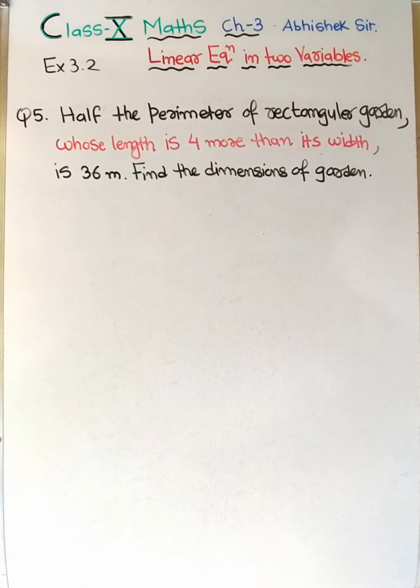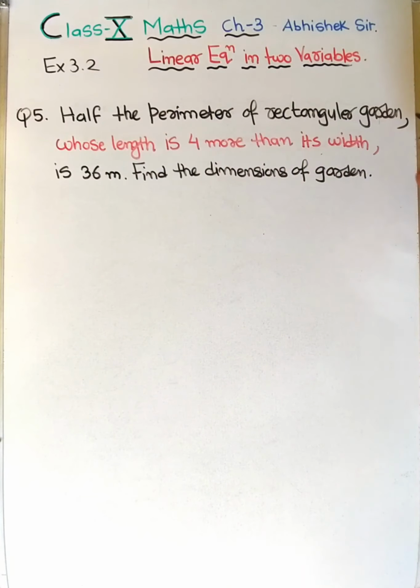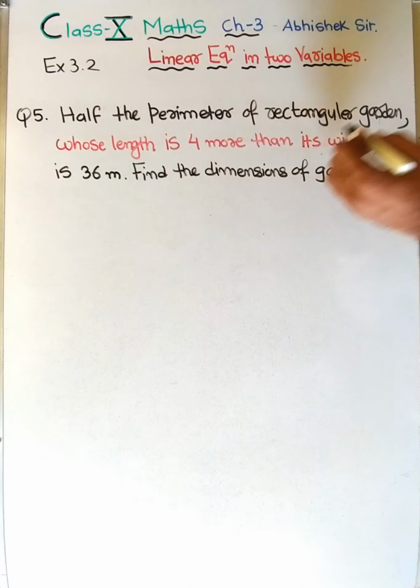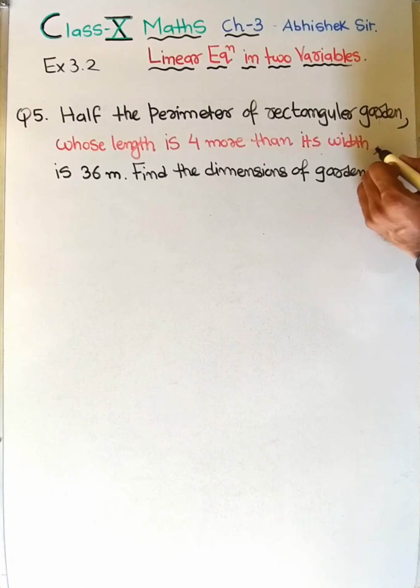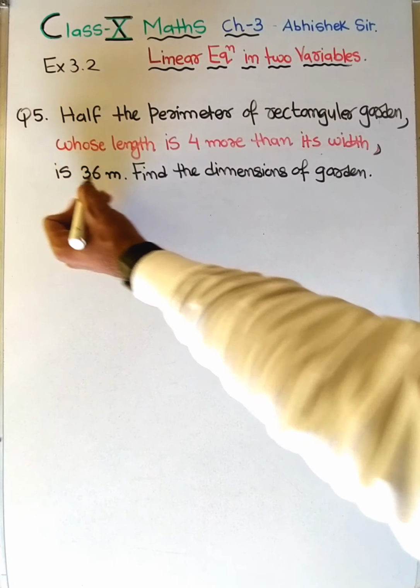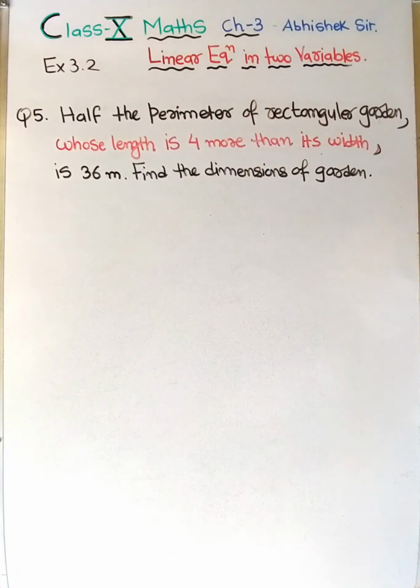Now in question number 5 we see: half of the perimeter of a rectangular garden, comma is there, where extra information is given, whose length is 4 more than its width. Then again a comma is there, and the statement is completed: is 36 meter. That is why I have written in two different shades of color.